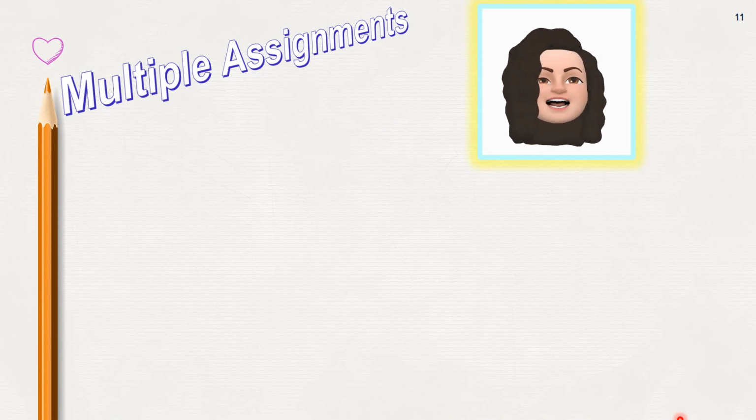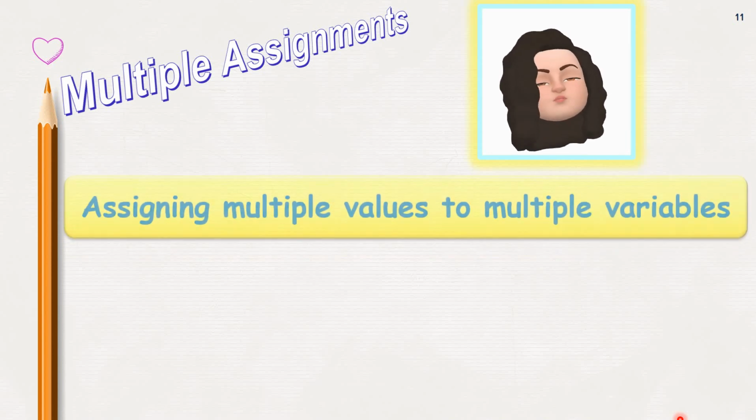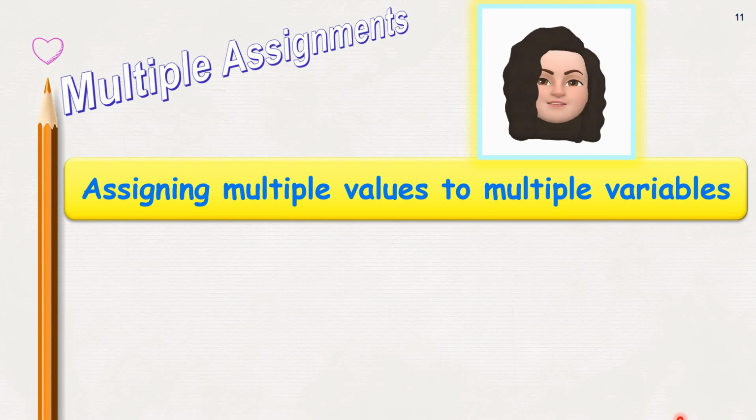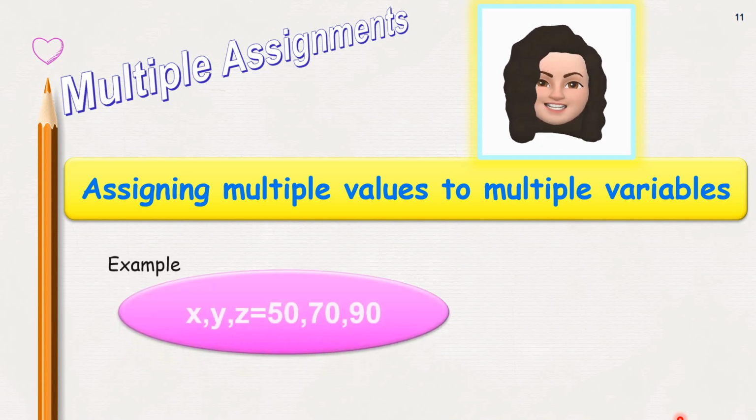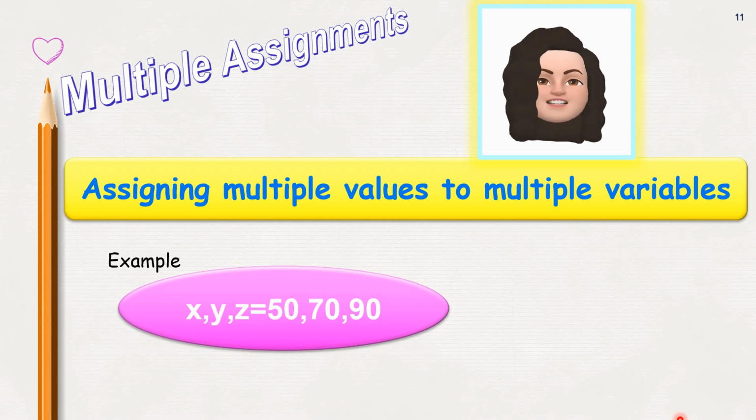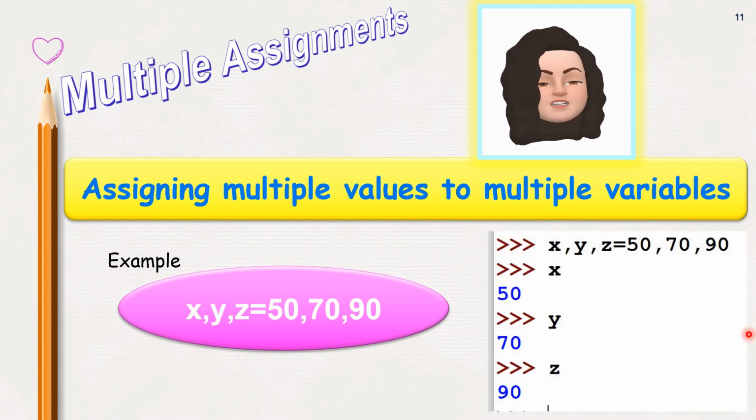You can even assign multiple values to multiple variables in a single statement itself. So look at this example. X, y, z is equal to 50, 70, 90. So this will assign the values order-wise. That means x is in the first position, 50 is in the first position on the value side, on the right hand side.